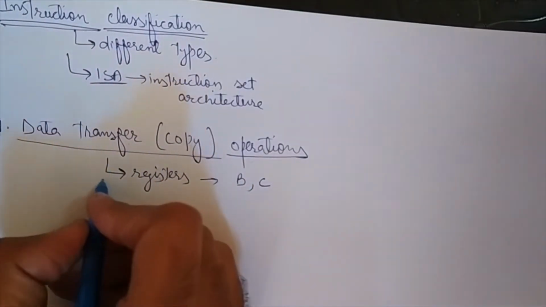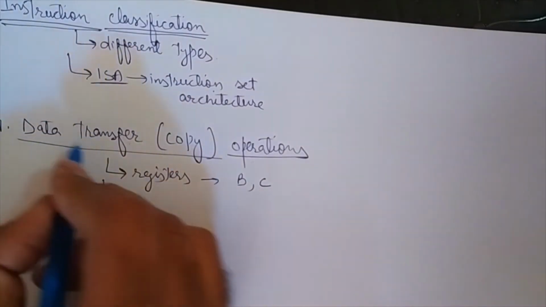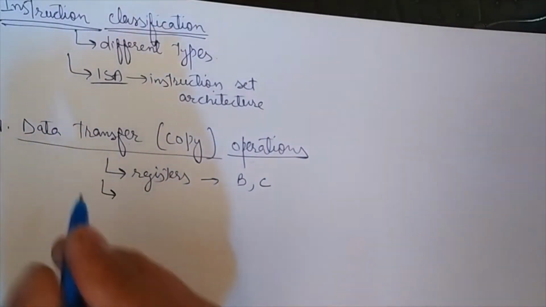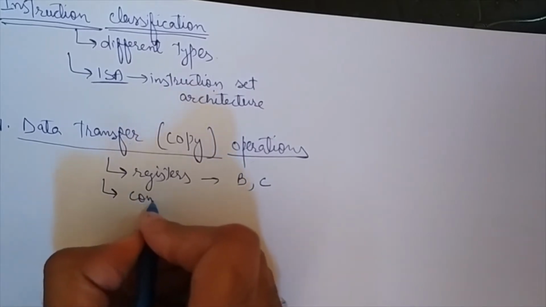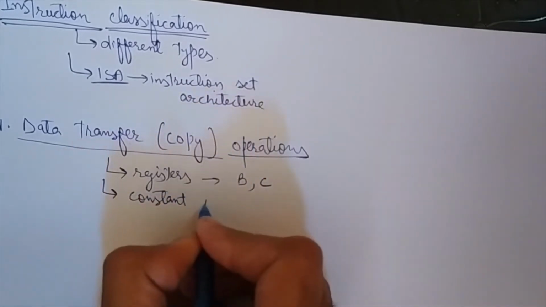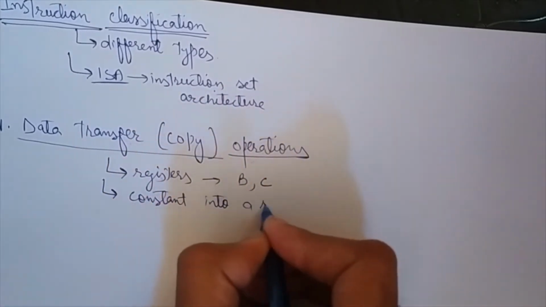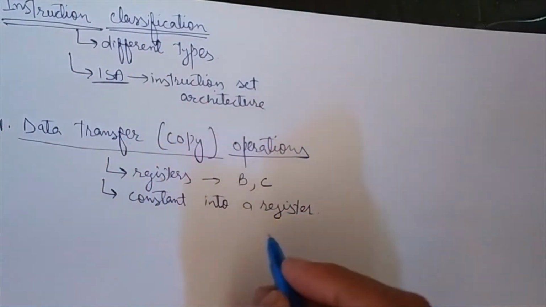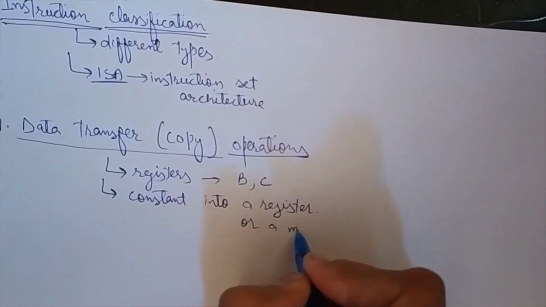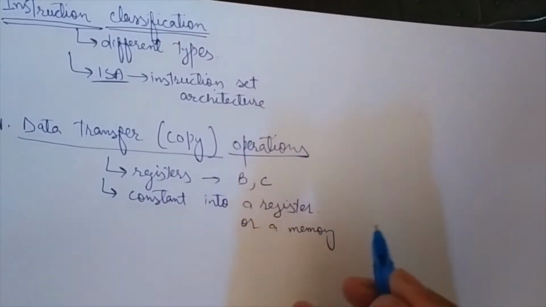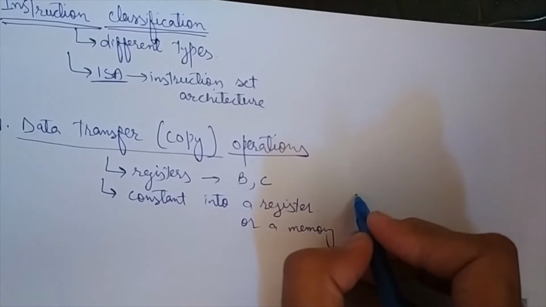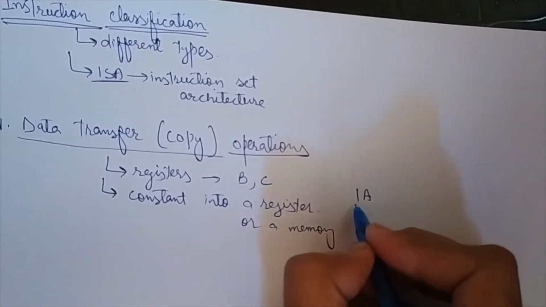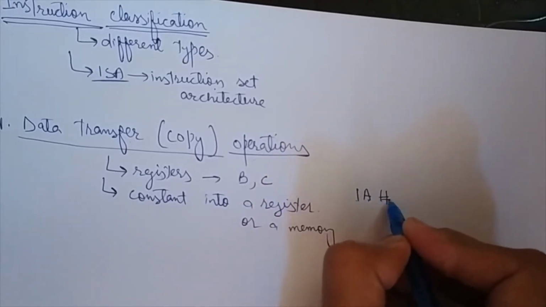Likewise, we can transfer directly some constant into a register or a memory location. So for example, if there is a constant, let's say 1AH. 1A is in hexadecimal, so H here is hexadecimal.